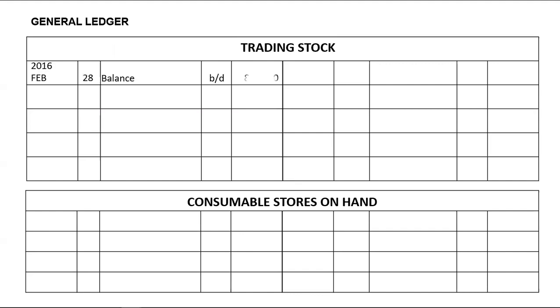Is this correct? No, it needs to go down. It is going to go down by what we call trading stock deficit, which is an expense, and it's going to go down by 25,000. And when it goes down by 25,000, trading stock left will be 775,000, which is the correct value.